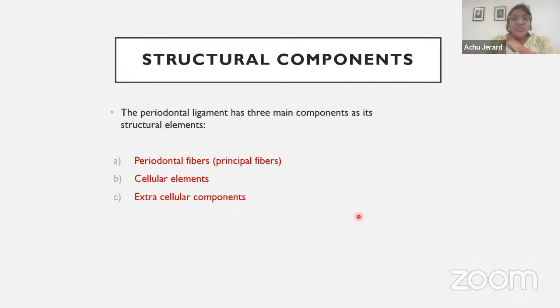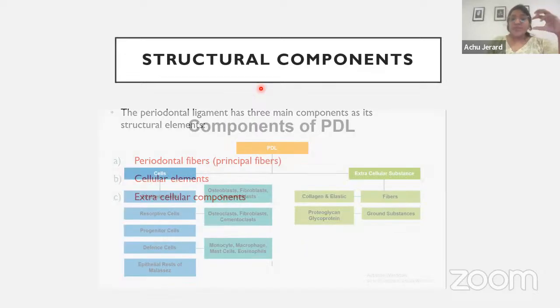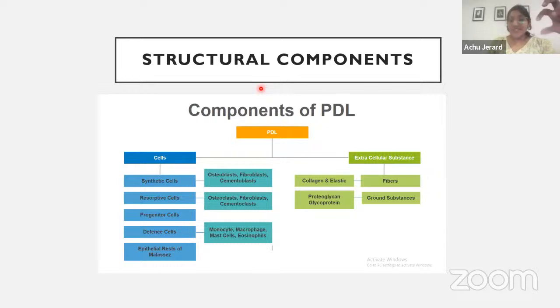Now we come to the structural components, which are the most important in the PDL. It is highly cellular and has extracellular components also, and it majorly has the principal fibers, which are the main constitution of the PDL. With regard to the cells, it has both synthetic and resorptive cells.